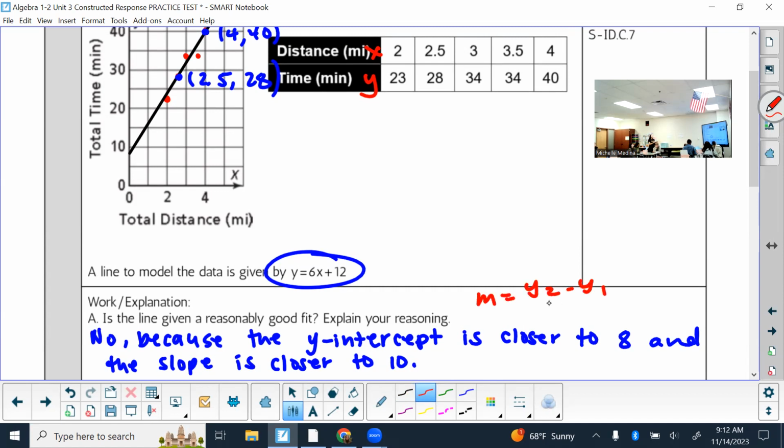And here's that formula again. I'm not providing you that formula, just so you know, so have it memorized. It's rise over run. You could even do the rise over run here, but I don't recommend that when it's not evenly spaced. I would just make one of these x1, y1, the other one x2, y2, and then plug it into that formula. So I would do 40 minus 28 over x2 is 4 minus 2.5.